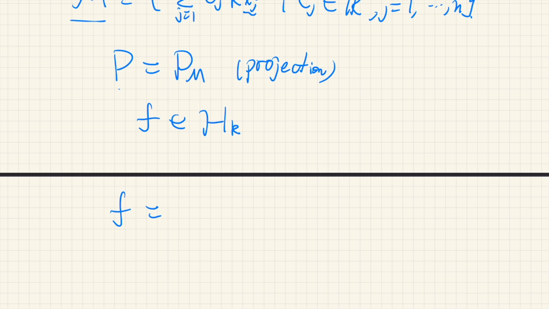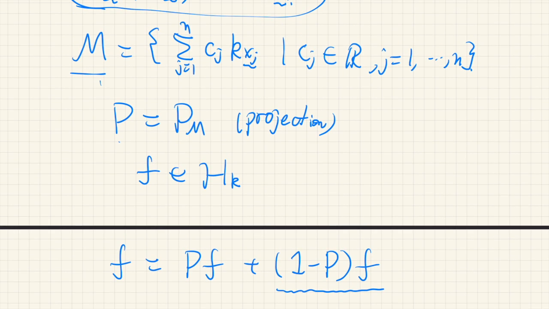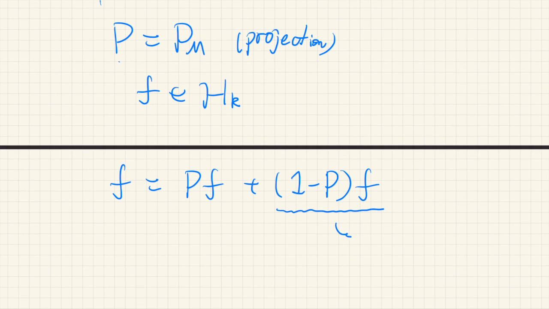That is, f is Pf plus (1 minus P)f. So this is a projection onto the orthogonal complement of M. So this part belongs to M complement, and this part belongs to M.